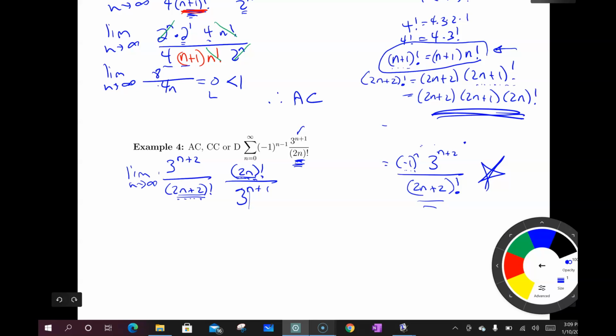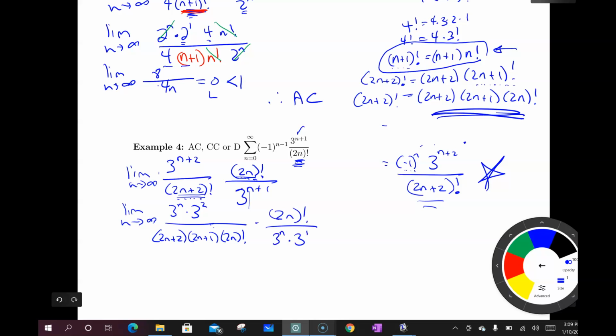Really big deal here: the (2n plus 2) factorial breaks up into this. Okay, so let's break everything up so I can cancel. So I get 3 to the n times 3 squared over (2n plus 2)(2n plus 1)(2n) factorial, times (2n) factorial over 3 to the n times 3 to the 1.